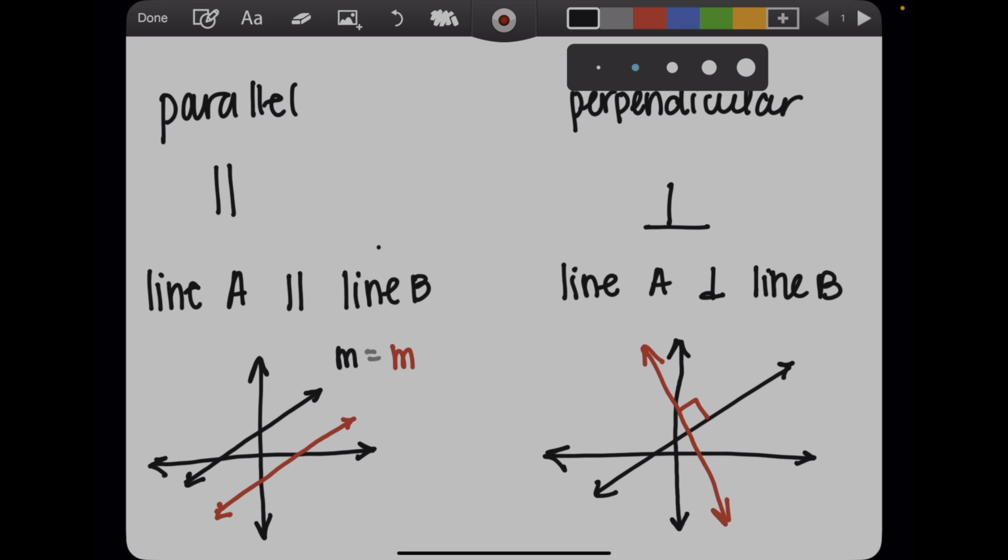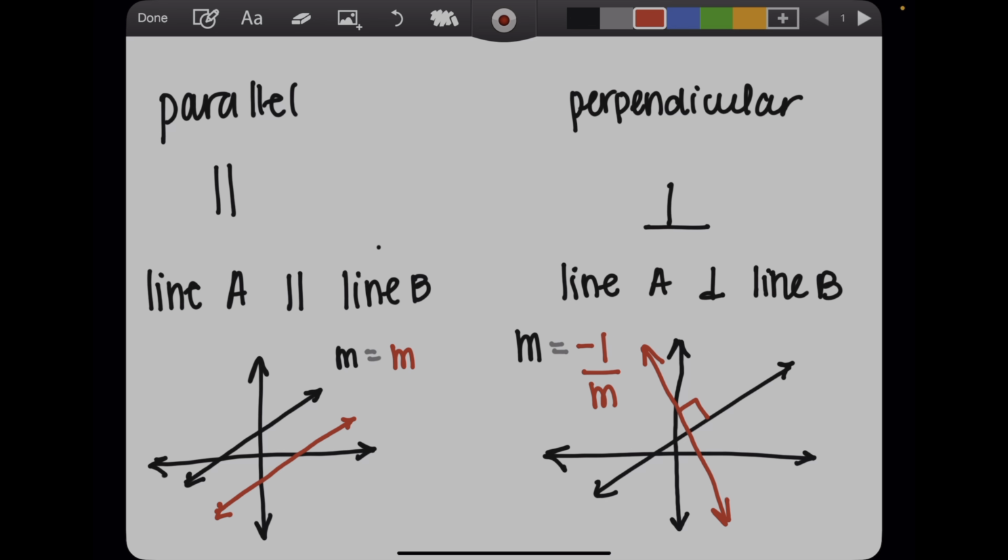Now, the most important thing is that the slope of the first line equals the negative reciprocal of the other. So we would have to flip the fraction and apply a negative sign to it. So if it's negative, it would turn into a positive number, and if it's a positive number, it would turn into a negative number.